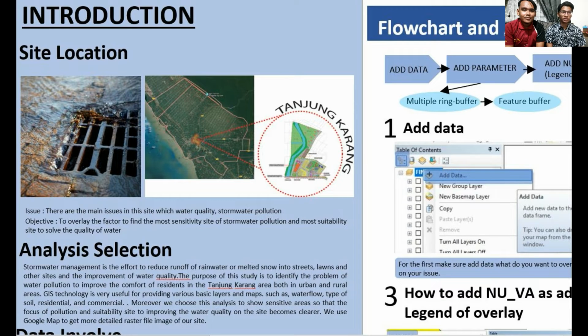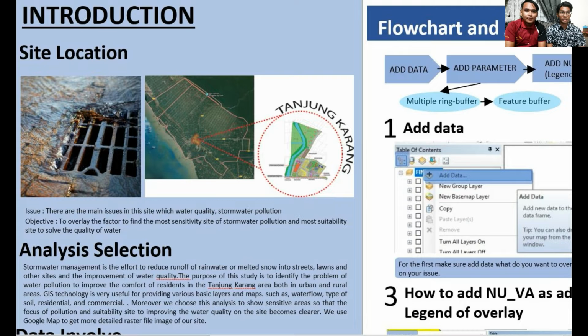The objective is to overlay the factors to find the most sensitive site of stormwater and the most suitable site to solve the water quality issue. Analysis selection: we choose overlay analysis.